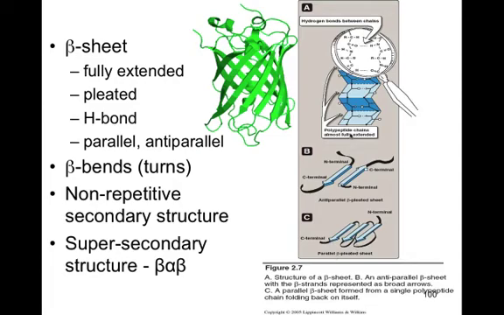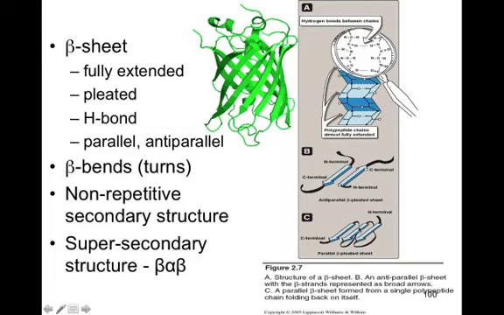Now, in addition to the regions of repeating secondary structures like alpha helices and beta sheets, proteins also contain secondary structures of non-repetitive regions. These sequences are called loops or turns. These loops or turns, typically also called beta bends, have a definite purpose. They allow the protein chain to fold back on itself to produce the compact shape associated with most globular proteins.